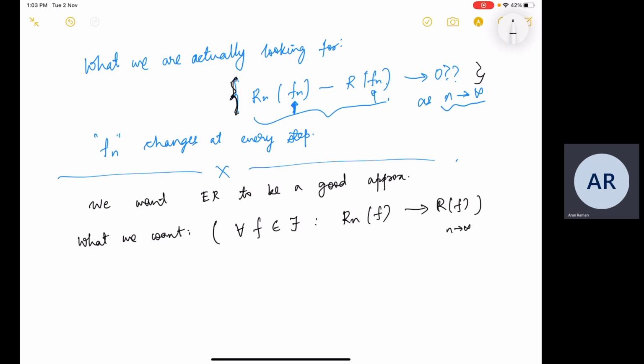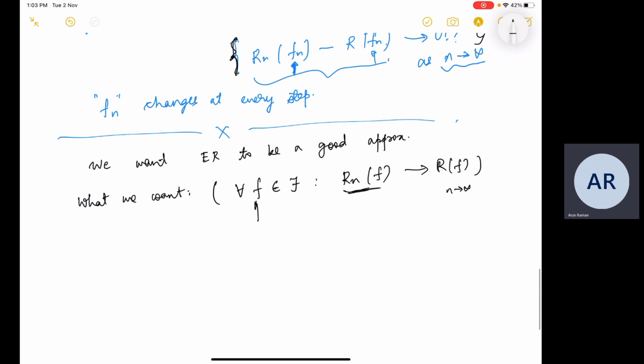Because we do not know which function the algorithm will end up giving as an output, we do a sort of worst case analysis, and we say that for all functions in our function class, the empirical risk should converge to the true risk.